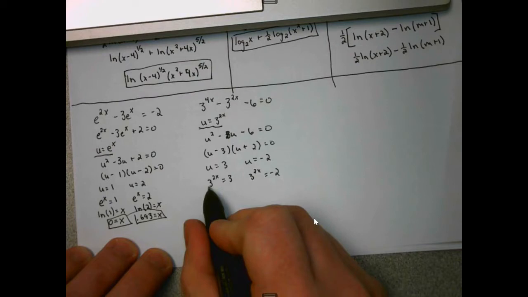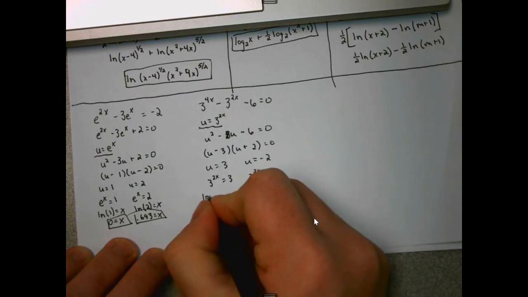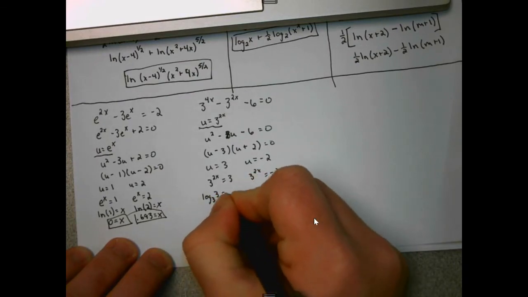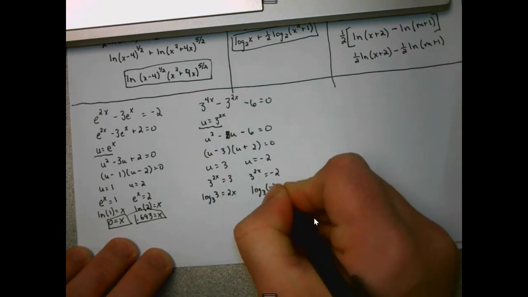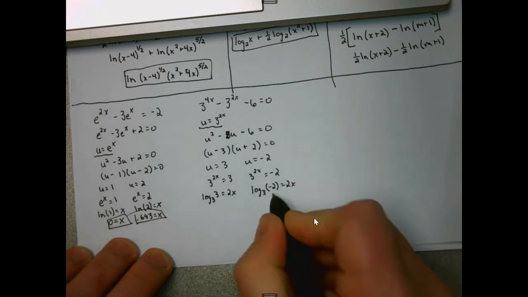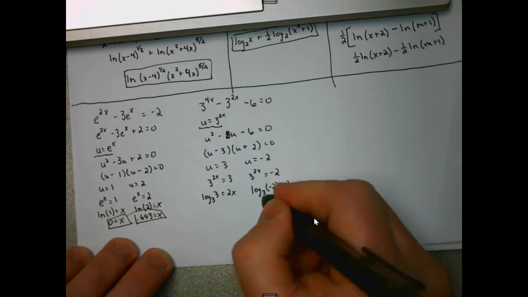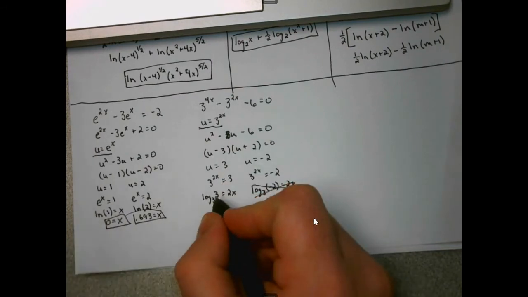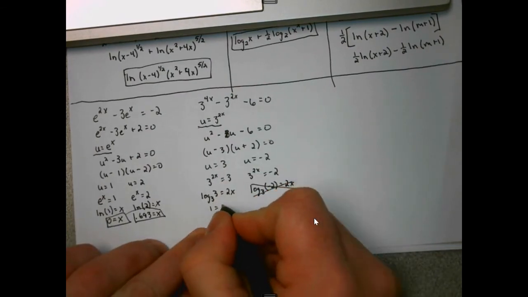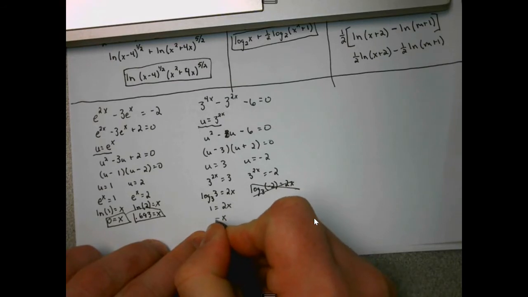So then we're going to use log base 3. So I have log base 3 of 3 equals 2x, and log base 3 of -2 equals 2x. Well, you cannot have a logarithm of a negative number, so this would produce no solution. Log base 3 of 3 is 1, equals 2x, so x equals a half.